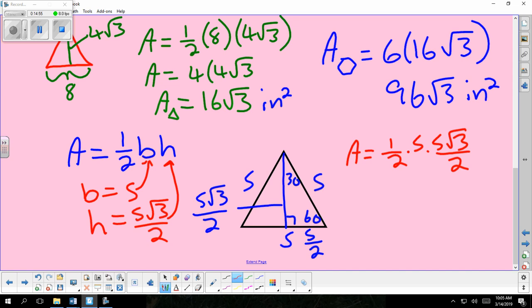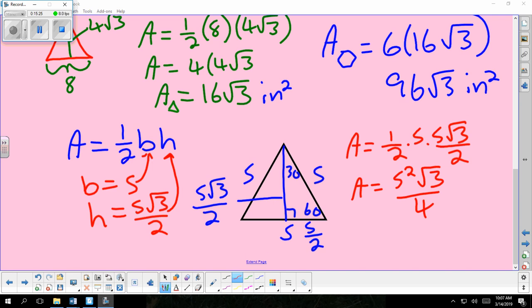And now we can go ahead and clean this up. The area is going to be S squared root 3 over 4, or the square root of 3 divided by 4 times the side length squared. And this is for all equilateral triangles. So a real easy way to find the area of any equilateral triangle.